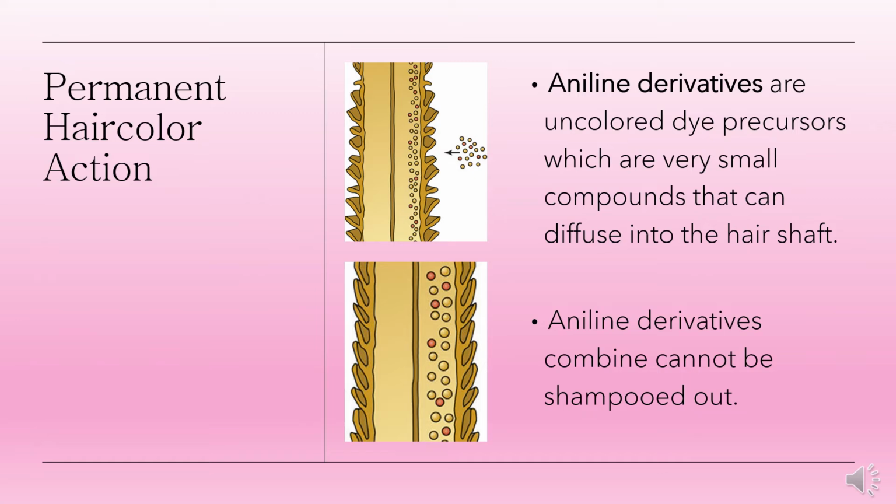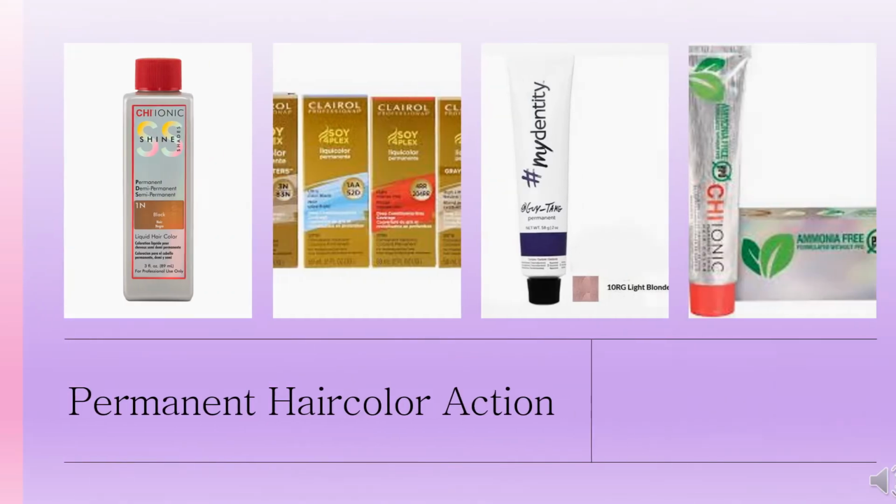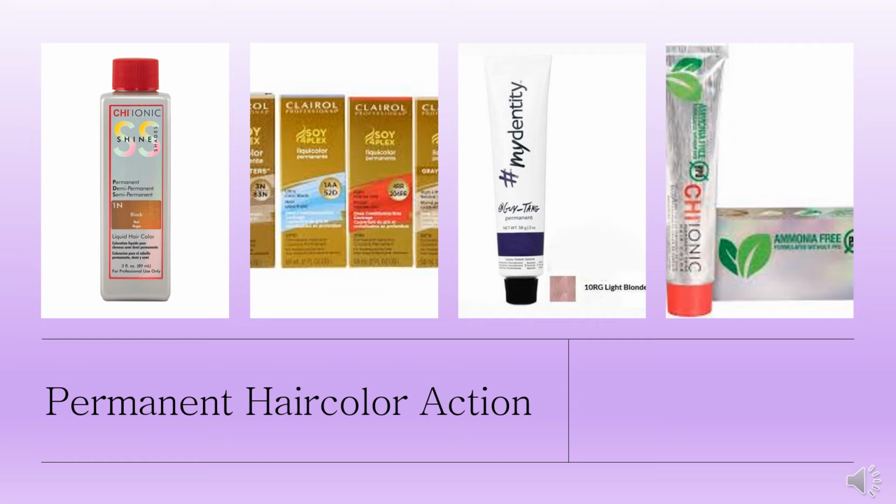Once combined, they cannot be shampooed out because they have penetrated the cortex, and now that hair color is permanently trapped. Permanent hair color also comes in liquid and cream forms. You can also add 20 volume to 40 volume peroxide to be able to lift the hair and get the deposit of the color that you're desiring.